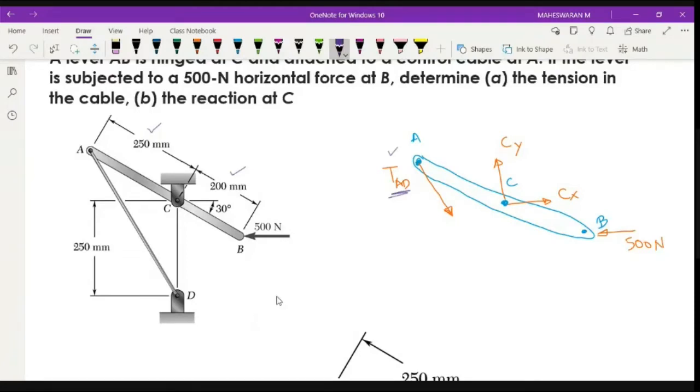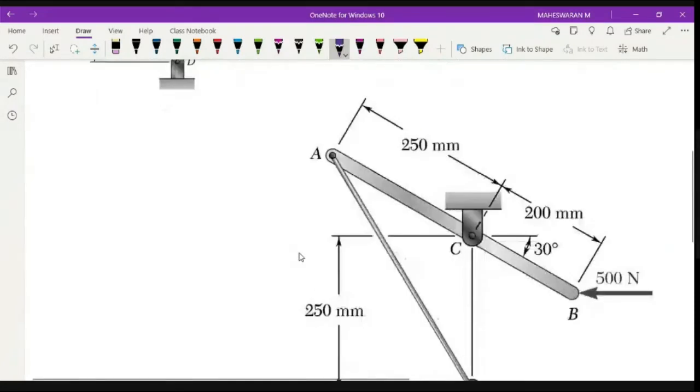Let us consider the same diagram in a bigger way, so that it is easy for me to resolve this. You see that this AB lever is at 30° with respect to the x-axis. If I draw some lines, you will be able to see.